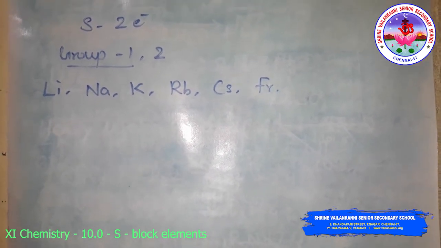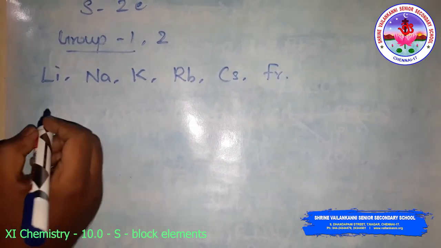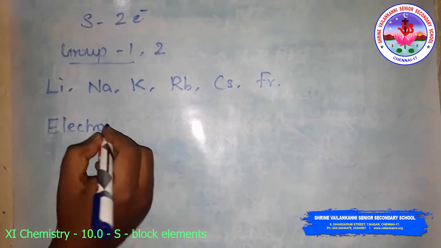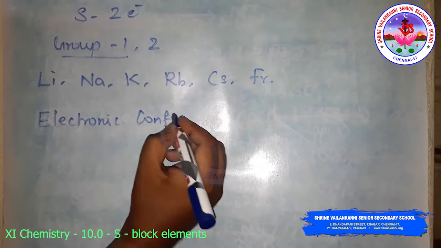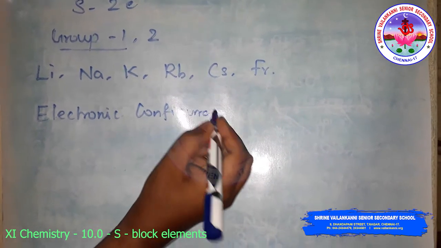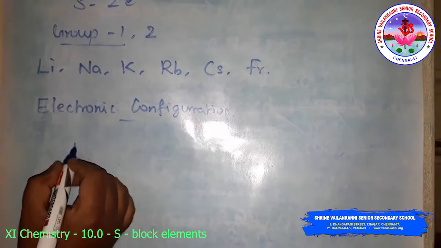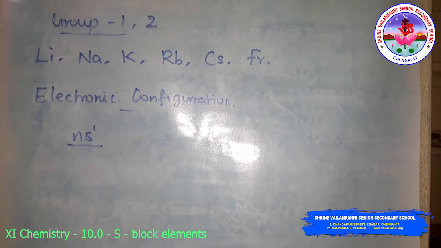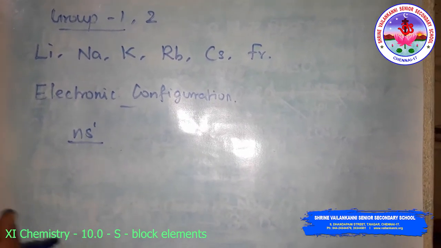Alkali metals have only one valence electron. The valence electronic configuration ends with ns1, outside the noble gas core.